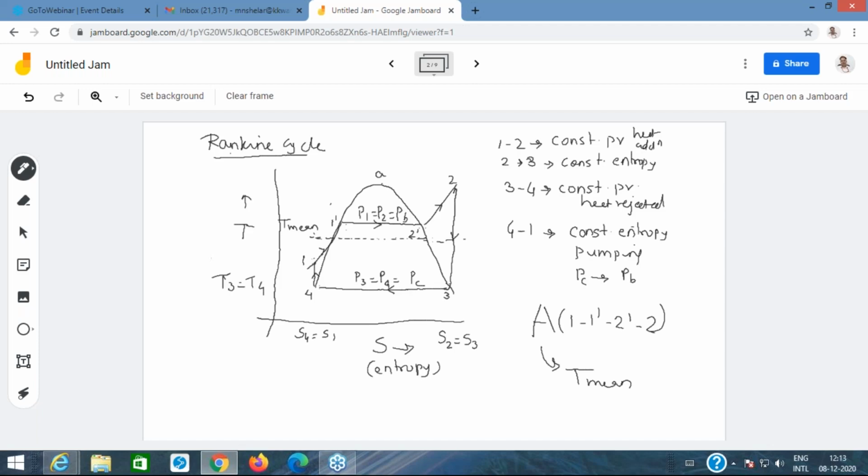And that single constant temperature has to be chosen such that the area under T mean is the same as the area under the varying temperature line 1, 1 dash, 2 dash, 2. Is this understood? Just tell me yes if you understood this.